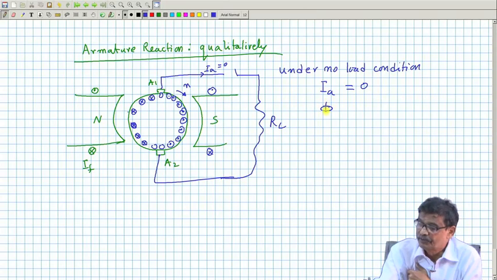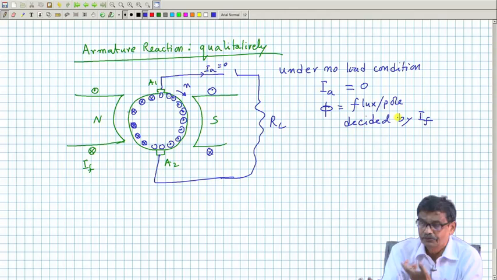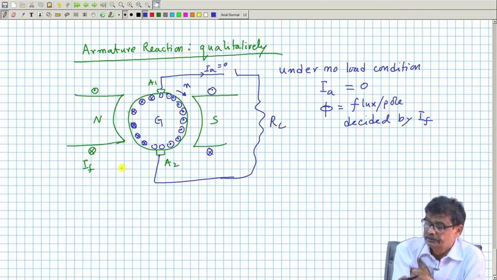See, what I assumed, phi is the flux per pole, recall, and decided by whom? Decided by I F, that is all. That is what I told you. I never told that the armature current is going to do anything. But now, after learning that after you load this generator, the armature will carry current, naturally the question is, it will also create its own field.